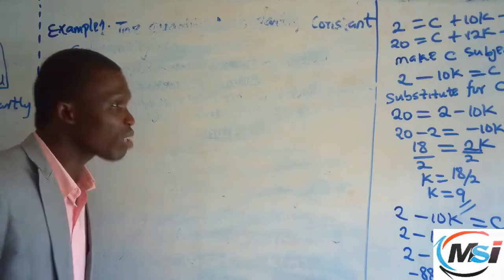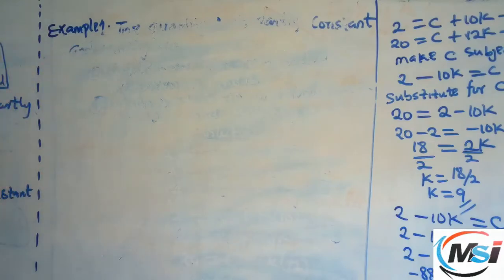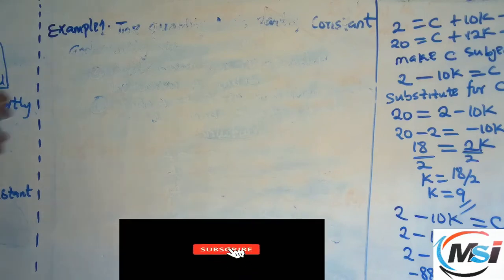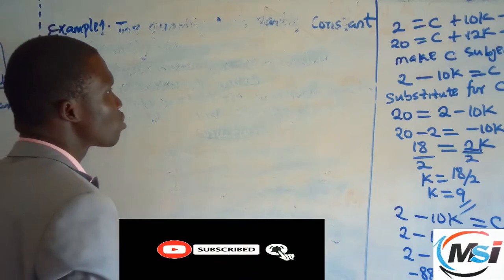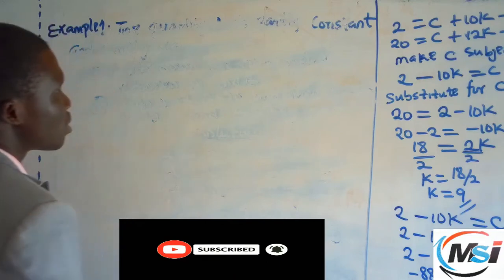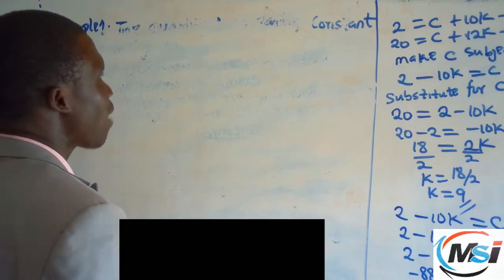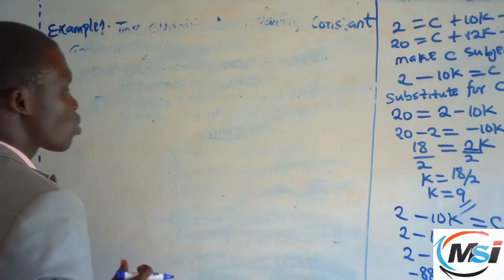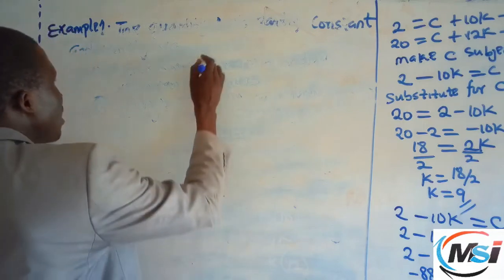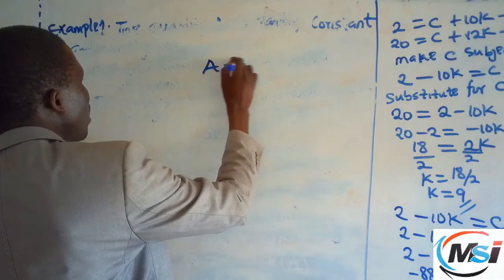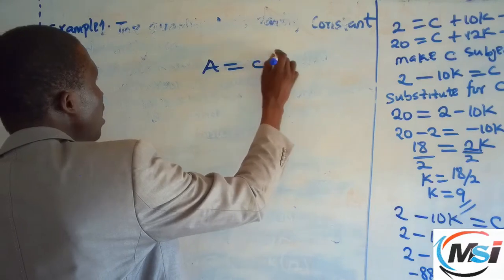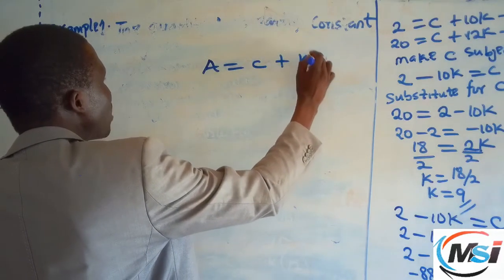Okay class, we want to find B when A equals 4. Now, you have to do something. Go back to our formula, A equals C plus KB.